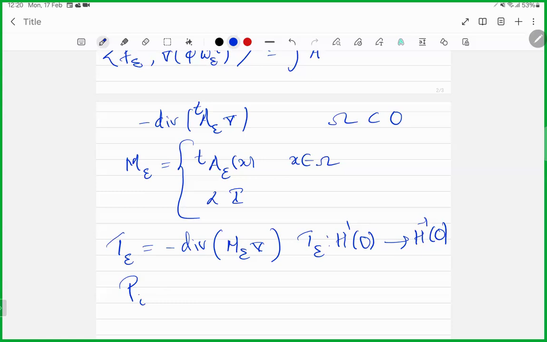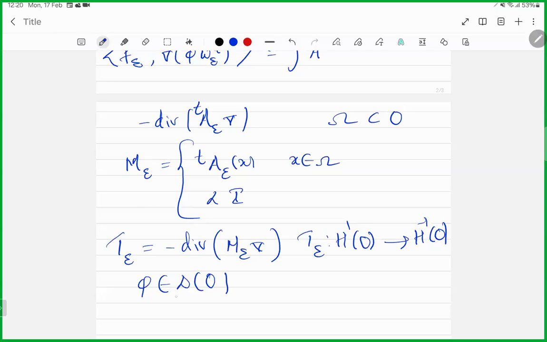You have to choose a test function also. Let's choose a phi in D of O, and later we will choose a specific test function phi, which becomes 1 on omega and outside, so that we get back to whatever we wanted.